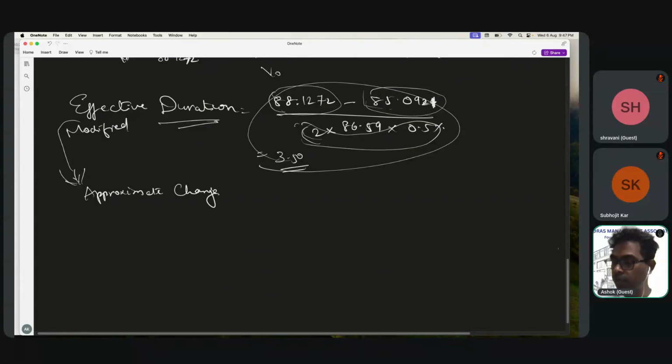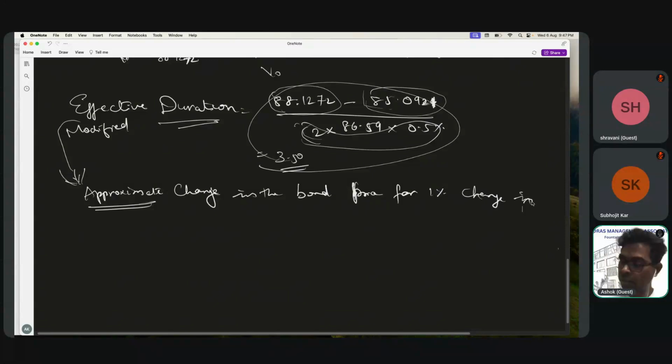This word is important: approximate change in the bond price for a 1% change in the interest rates.